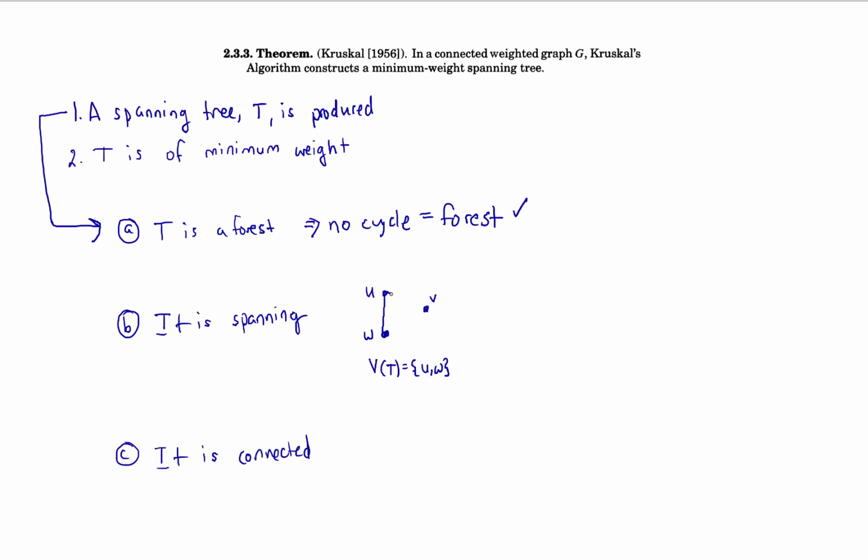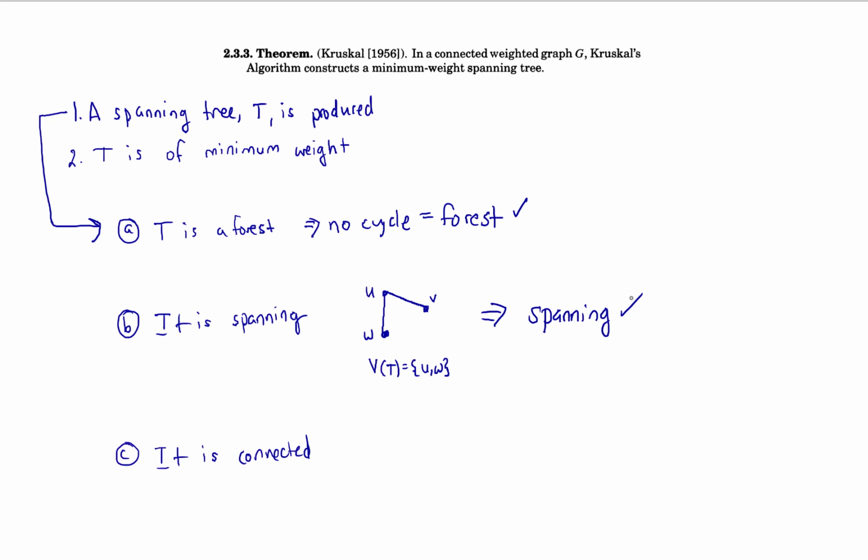Let's say that the lower weighted one was UV. The second edge has either been considered, or in this case, it's created a cycle and has already been discarded, again, going by the rules of the algorithm. So this shows that T must be spanning, and on all vertices.